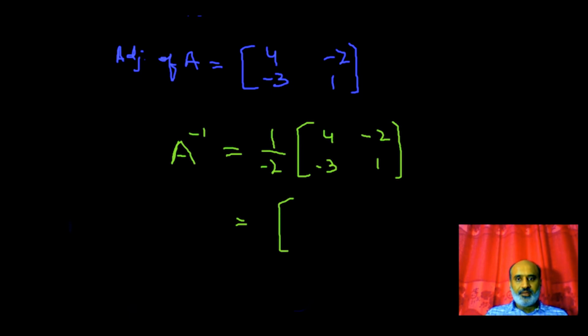So 4 by negative 2, the answer will be negative 2, and negative 2 by negative 2, the answer will be 1. I'm doing it directly. Negative 3 by negative 2, you need to simply write down 3 by 2 or 1 whole 1 by 2 or 1.5, whatever you want to write, you can. And negative 1 by 2. This is the inverse of matrix A.